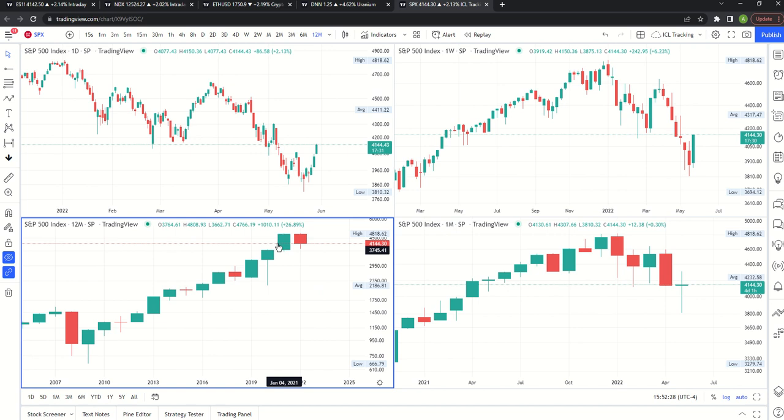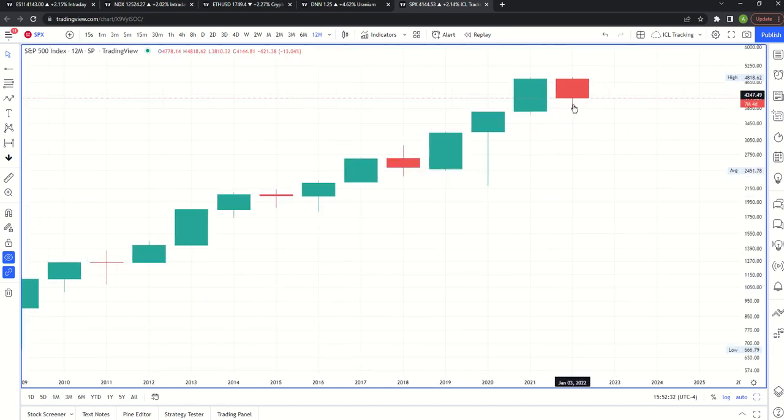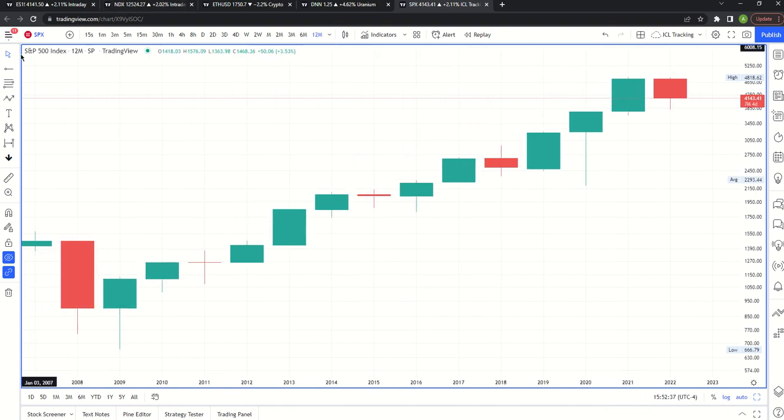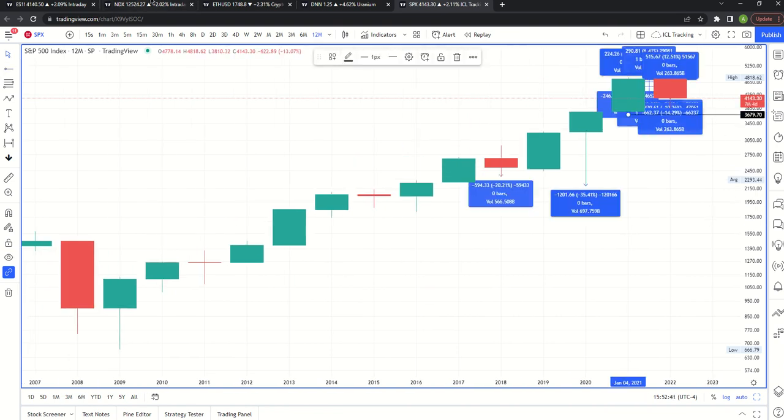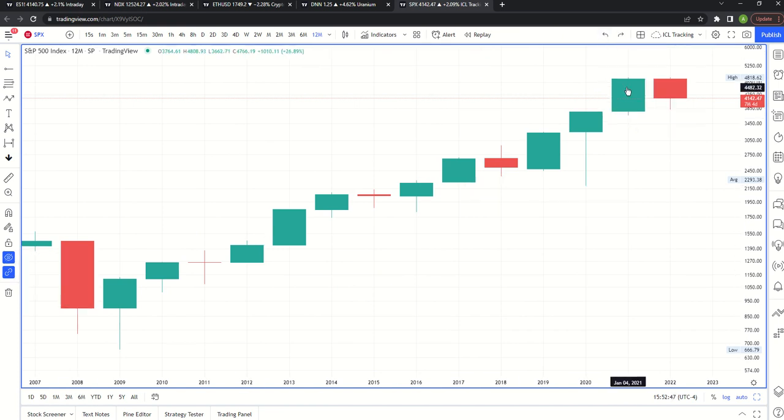And so this annual candle, I'll zoom in here. This is all of 2022, and this is all of 2021. One thing we'll want to watch for is the low from last year was 36.62.